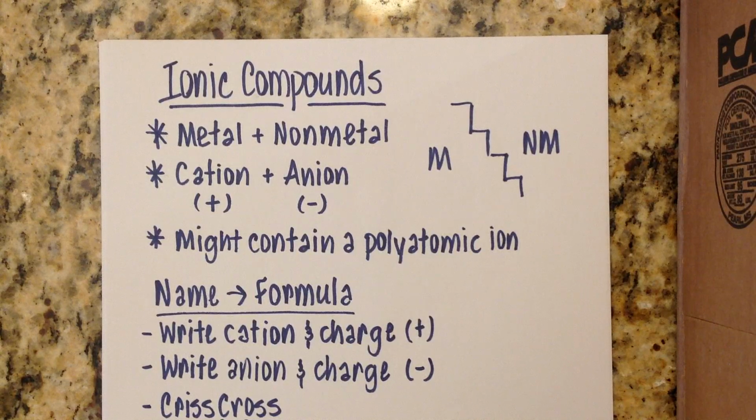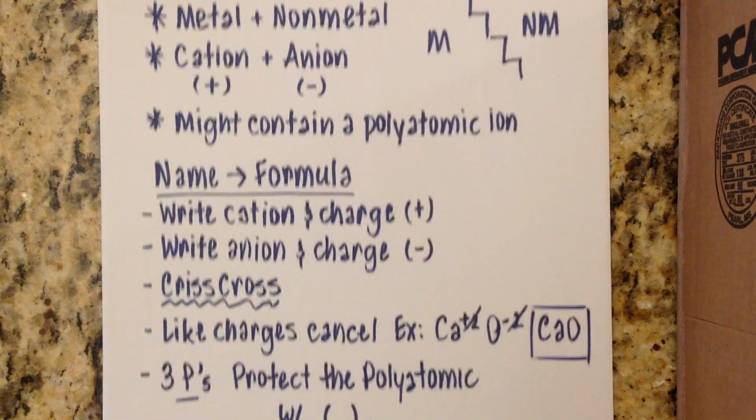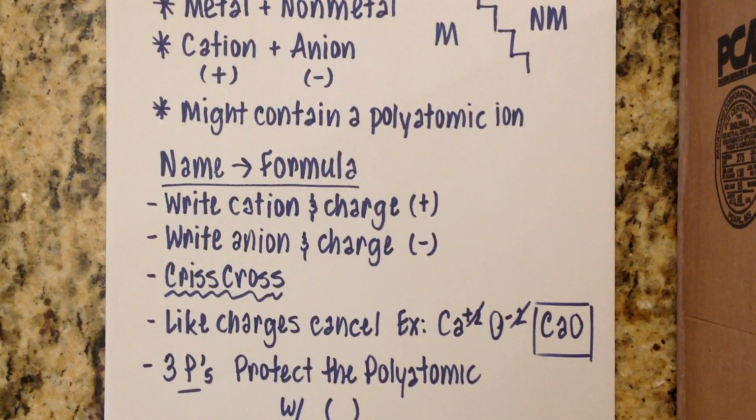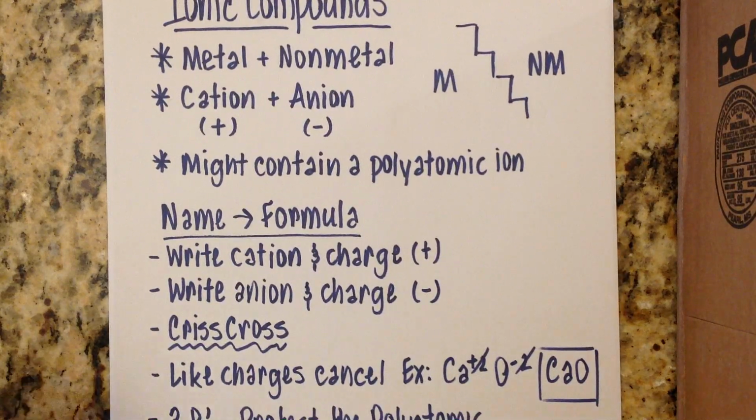So what we're going to do is take the name, and I'm going to teach you how to take that name and write the formula. Here are the 3 points I want to focus on right now. We're always going to write the cation and its charge first. That means we're going to write the metal and its charge based on its column of the periodic table. Then we're going to write the anion and its charge, which is negative, second.